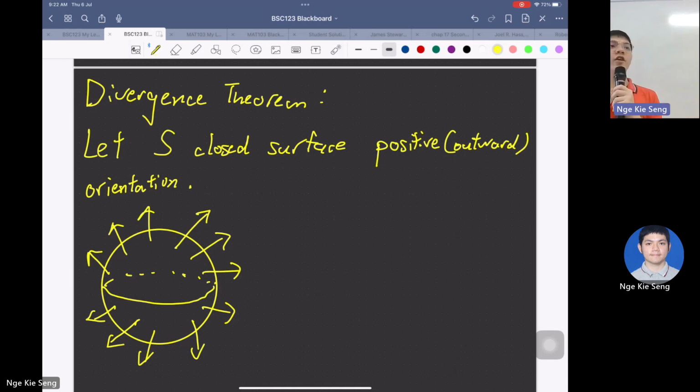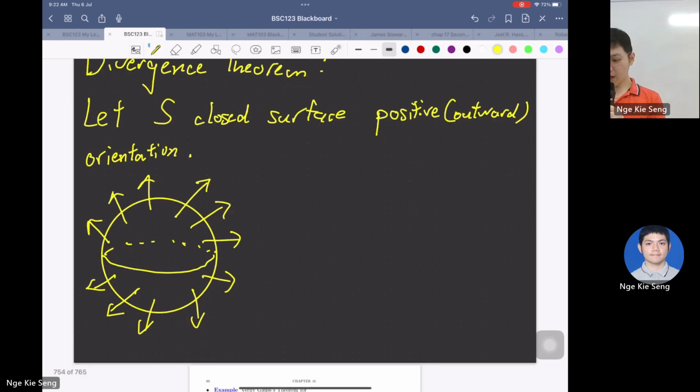How do we determine whether it's positive or negative? If you can write your surface as z equals f(x,y), your normal vector has a positive k component. You make sure your last component is positive.